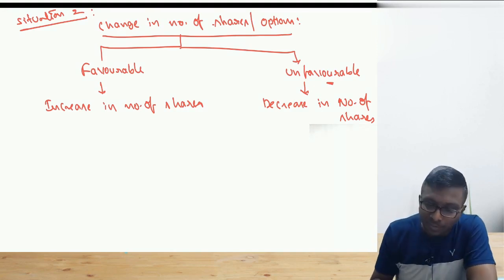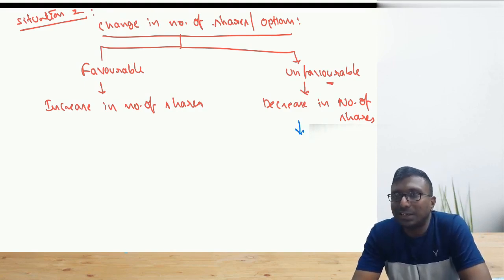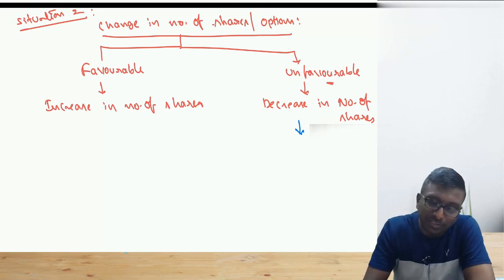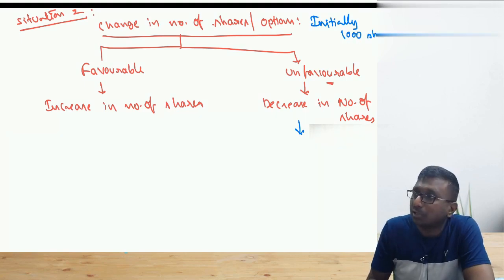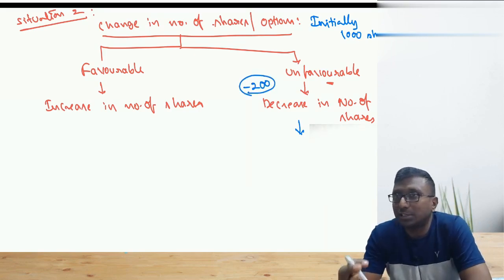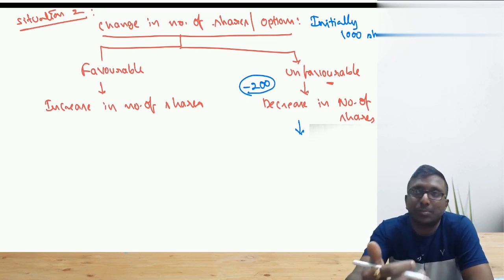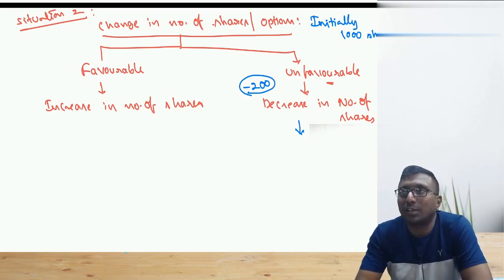Next, if it is unfavorable, isn't it like a cancellation of 200 shares? Say initially we promised 1,000 options, and you decreased it by 200, to the extent of 200. Can't I treat it like a cancellation? Cancellation is my next topic. After situation 3, we will get into cancellation.